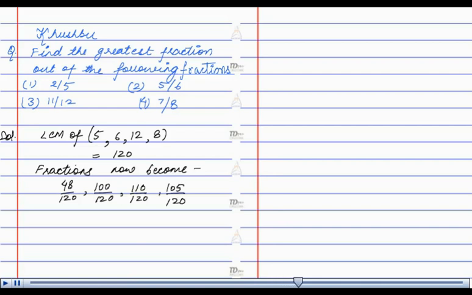Out of all these fractions, the one with the highest numerator will be the greatest fraction, that is 110 by 120. So, the greatest fraction is 110 by 120, that is 11 by 12. And so, the correct answer is option number 3.